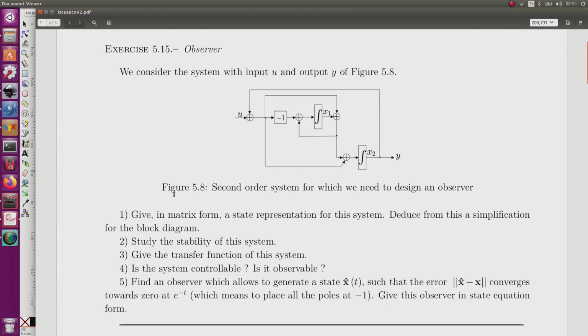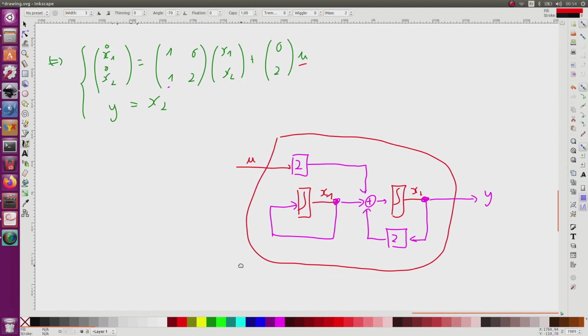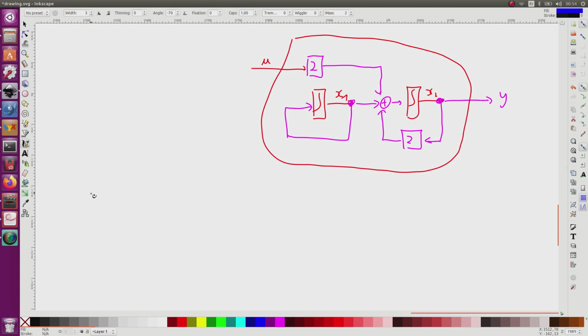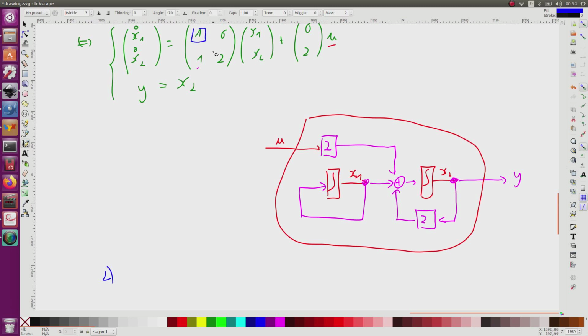Question number 2, I have to study the stability of the system and to give the transfer function for this system after. So, question number 2. The eigenvalues of the system are given by this and this. So the eigenvalues are lambda 1 equal to 1, lambda 2 equal to 2.